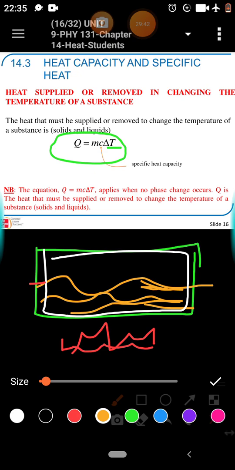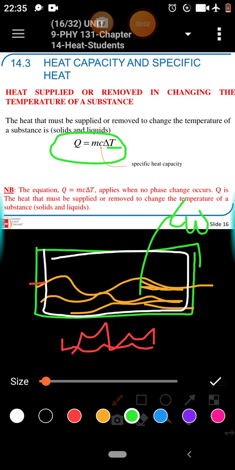We can calculate that because we know the specific heat of water. So you can calculate the energy that must be supplied into the water, maybe to boil it or to change the temperature.